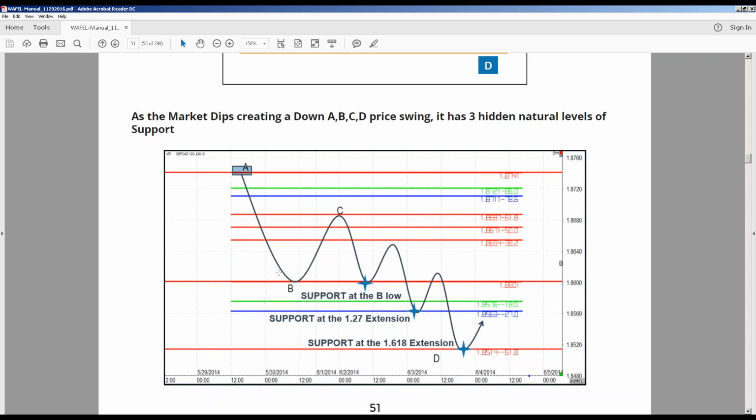So you have your A, B, C, and now the market is moving from a C to the D. It will have support at the B low. It will have natural support at the 127 extension, but only if it forms a confluence with a Fibonacci level. Okay, and then also the market will then find support at the relevant D extension.